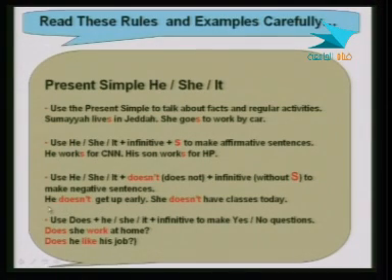So the example is: he doesn't get up early. He doesn't get up early. Notice no s here, because we have does. It is already taken here. So he doesn't get up early, and she doesn't have classes today. She doesn't have classes today.